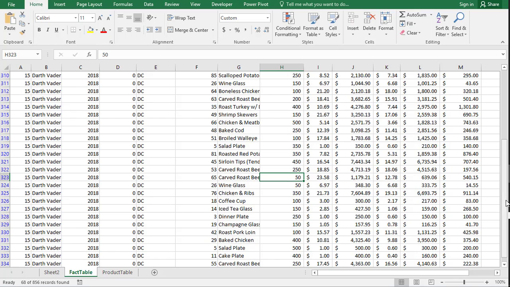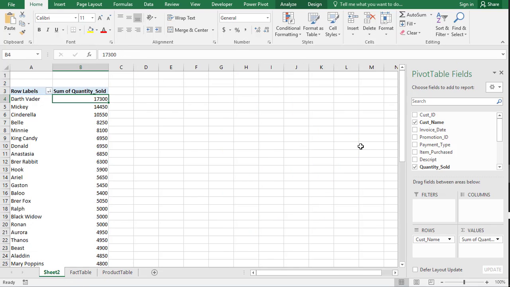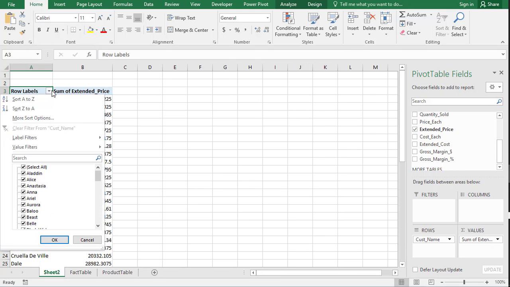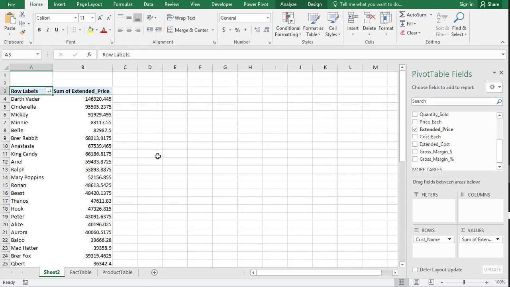Let's take a look at who would be the top customer if we did extended price. Darth Vader again would look like the top customer. Now, does that mean that quantity sold was the accurate measurement?